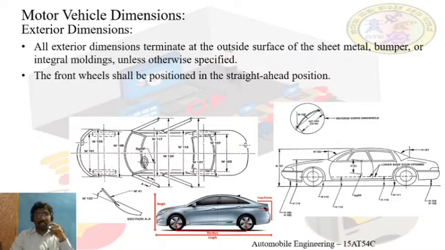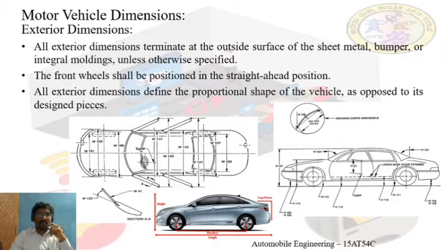While measuring the exterior dimension, you should make sure that the front wheels of the vehicle are positioned straight ahead. Otherwise, it may lead to a mistake or a wrong calculation, and a wrong measurement will be made. That's why, while measuring the exterior dimension, we should make sure that the front wheels of a vehicle are positioned straight ahead.